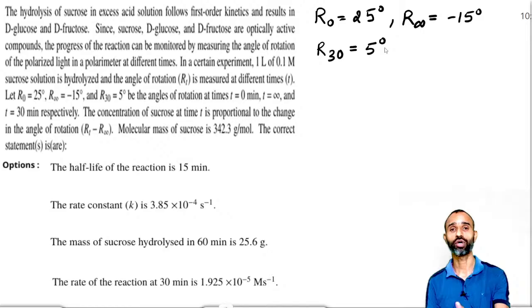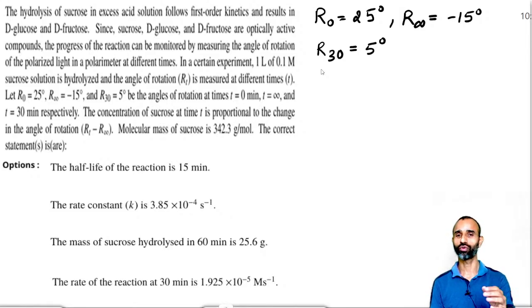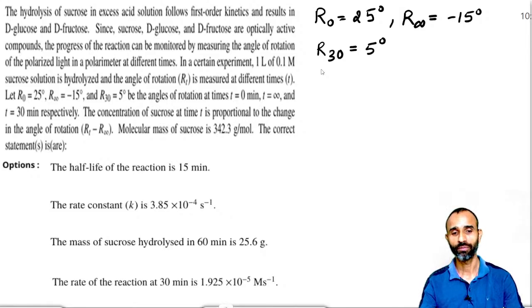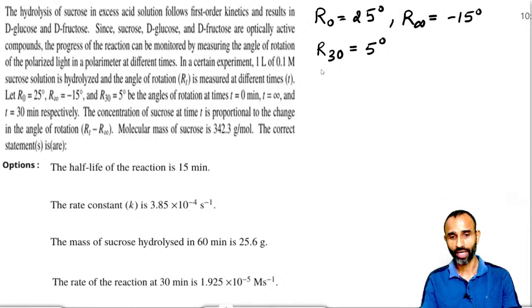These are the angles of rotation at time 0, that is R naught, at infinite time, that is R infinity, and after 30 minutes. We have to calculate the concentration of sucrose at time t, which is proportional to the change in the angle of rotation, that you know, Rt minus R infinity. The molecular mass of sucrose is also given, so we have to predict which statements are correct.